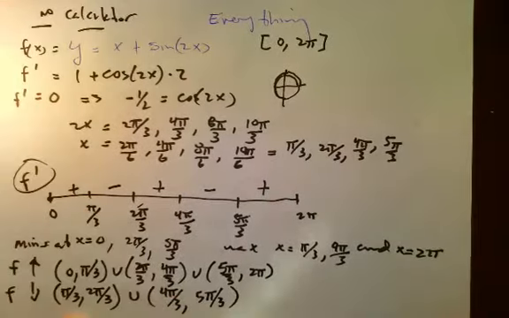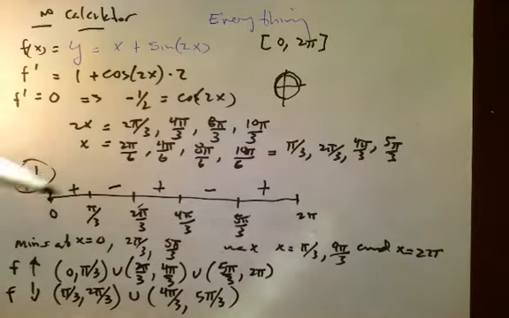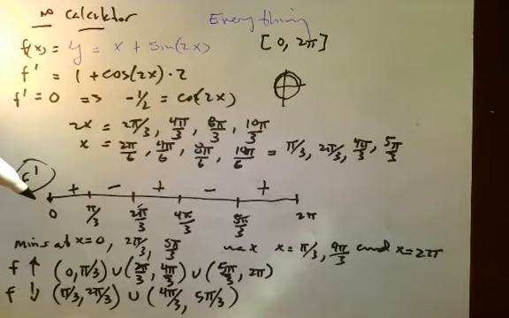When f prime is negative. F prime is negative on pi over 3 to 2 pi over 3, union 4 pi over 3 to 5 pi over 3. These are places where f prime is negative, therefore f is decreasing.